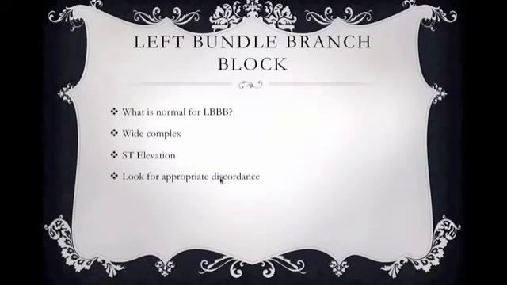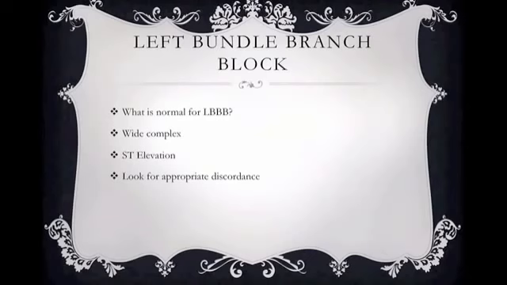And more importantly than that, we're looking for appropriate discordance. So what does that mean? Well, discordance is when your ST segment is going in the opposite direction of your prominent QRS complex. That is discordance. Concordance would be when your ST segment is going in the same direction as your QRS complex.